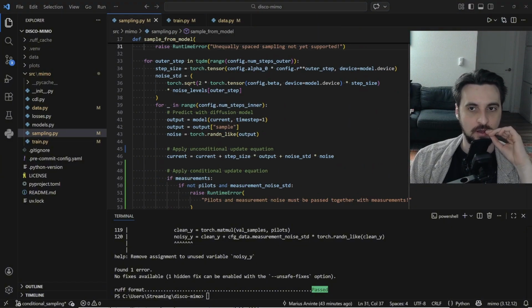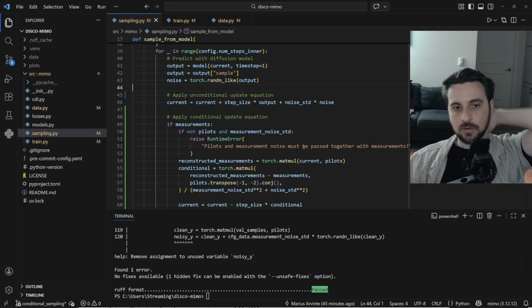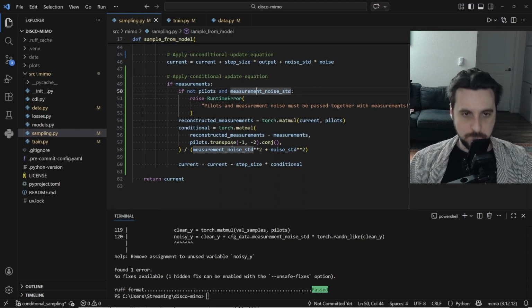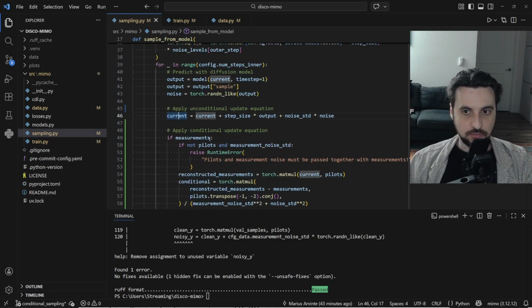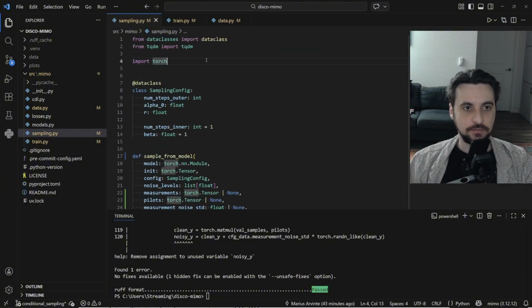They don't work with complex values. So actually in unconditional sampling, I can stay in real world, but here I cannot. I have to be careful because this current is real valued. So what I actually have to do is convert this back to complex, but I have a utility for it.